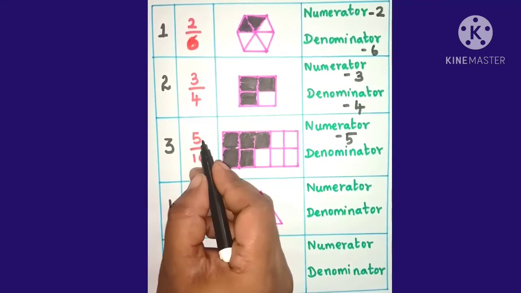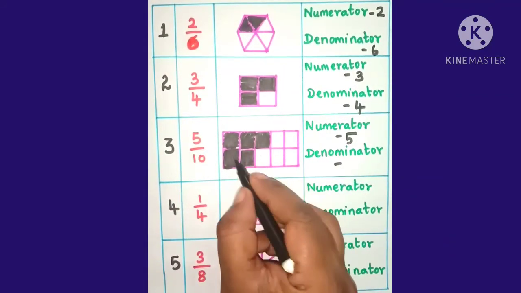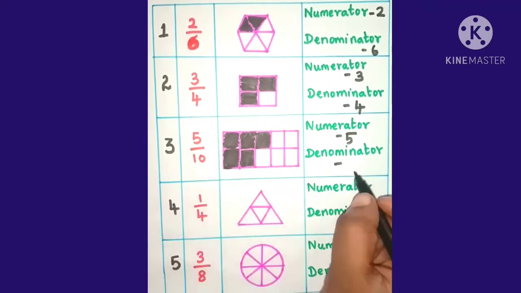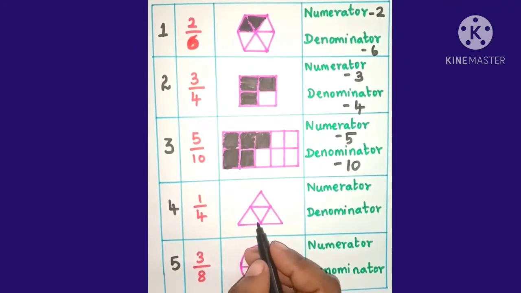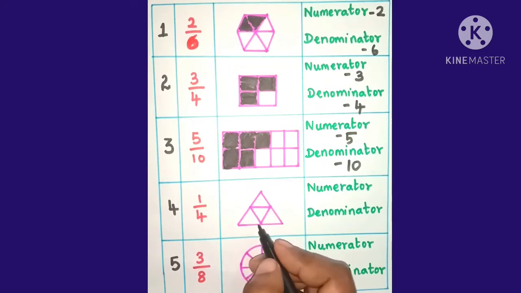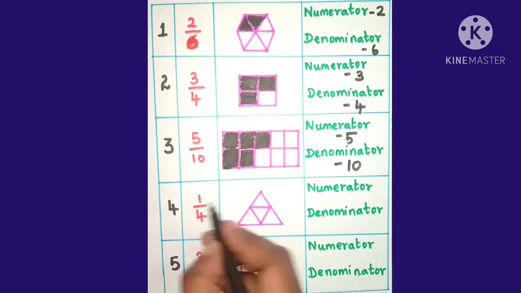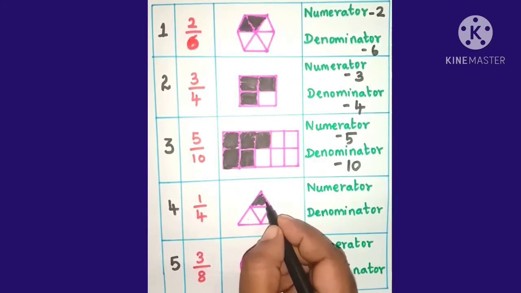The top digit in the number, and denominator which represents total number of parts and the digit in the bottom, that is 10. And here in the triangle there are totally 4 parts, 1, 2, 3, 4, and only one part is going to be shaded. 1, 2, 3, 4.